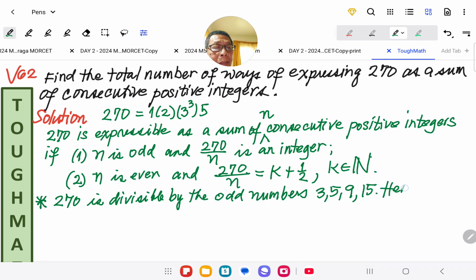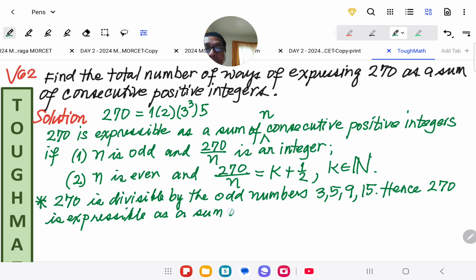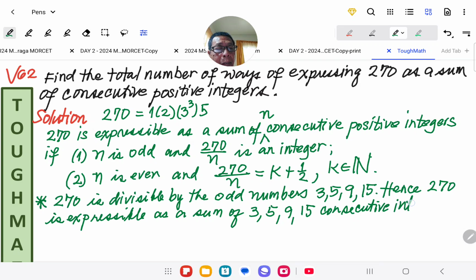Hence, 270 is expressible as a sum of 3 or 5 or 9 or 15 consecutive positive integers.